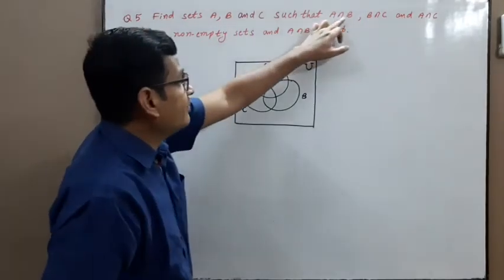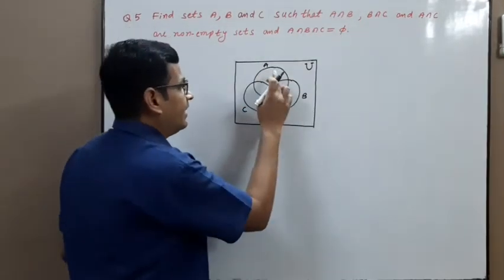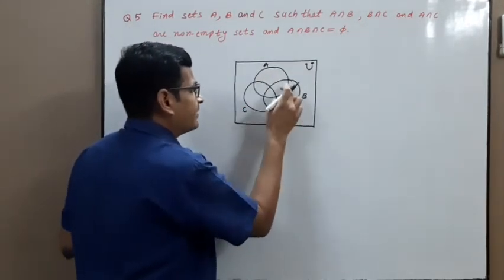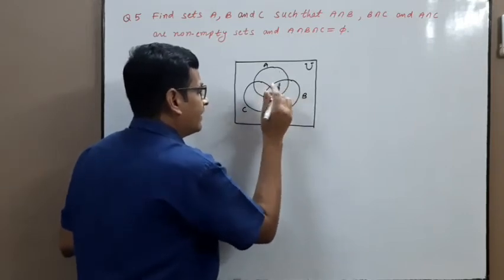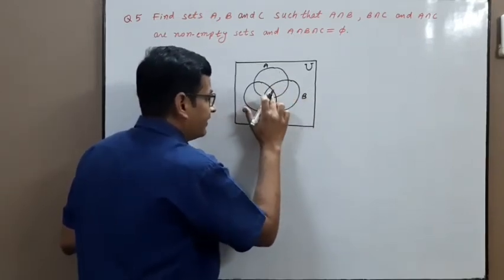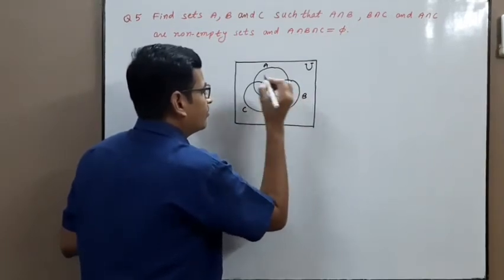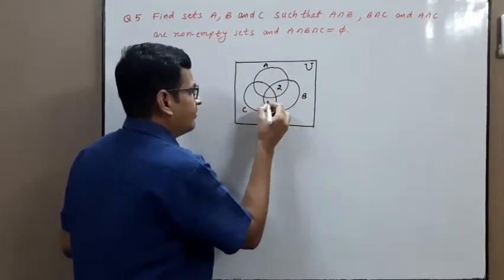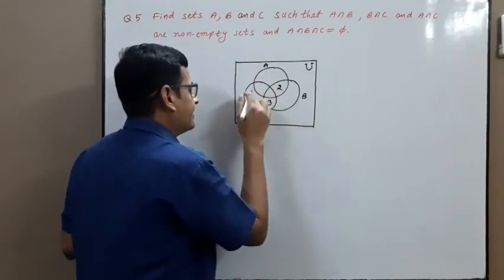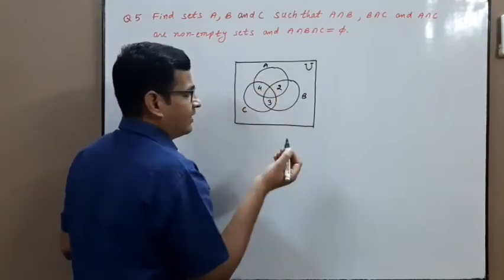A intersection B is non-empty. When A intersection B is non-empty means something is there. So we can write here or here, but when we write here, then A intersection B is non-empty. So only write here. So take any element here, 2. B intersection C is non-empty, so take 3. A intersection C is non-empty, so take 4. Any element you can take.